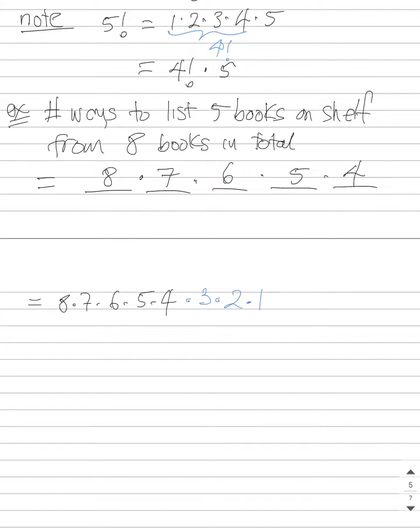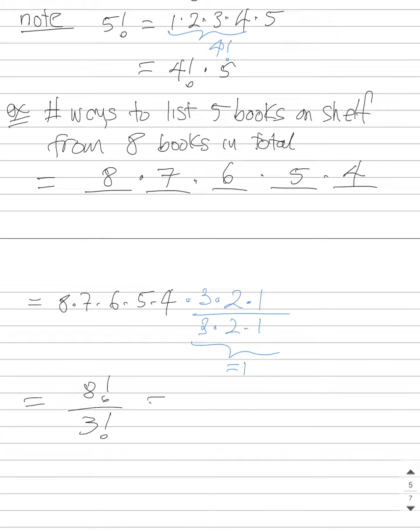So it would be wonderful if there were a 3 times 2 times 1 upstairs, but there isn't. So I can put one up there as long as I put one downstairs again, because something divided by itself is 1. And writing this down makes mathematicians feel a little bit happier. They say, oh, look, this is 8 factorial divided by 3 factorial.